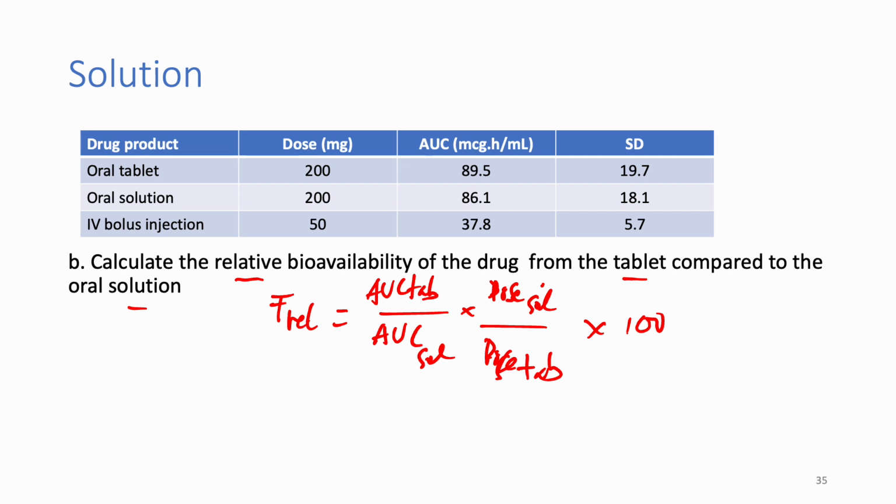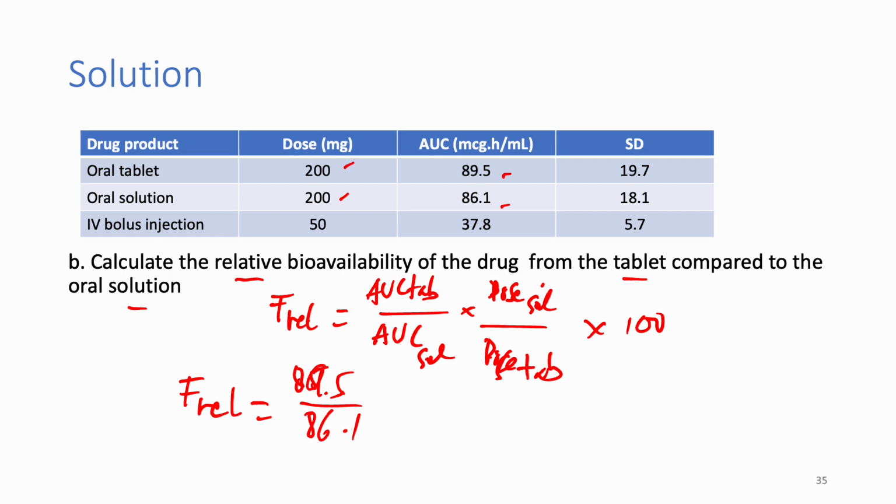So from here, F relative will be equal to AUC tablet, which is 89.5, divided by AUC solution, 86.1, times the dose of solution divided by the dose of tablet.